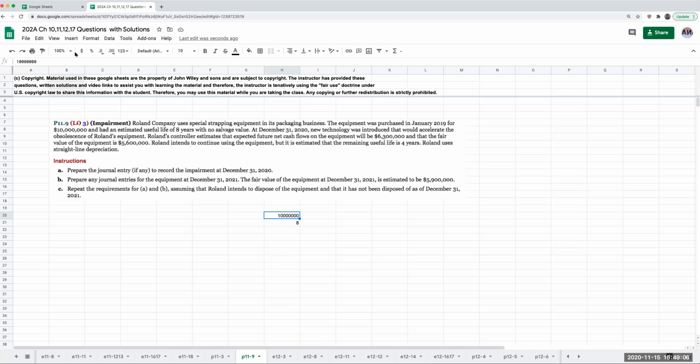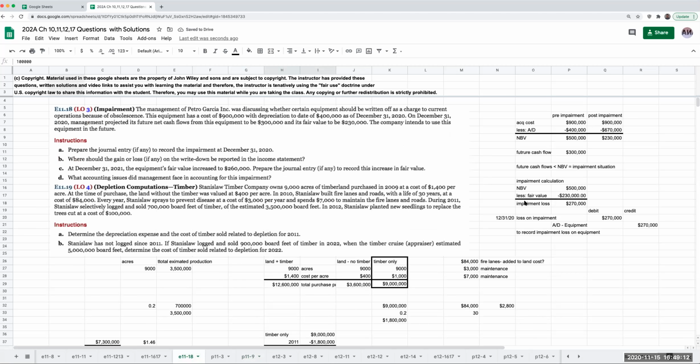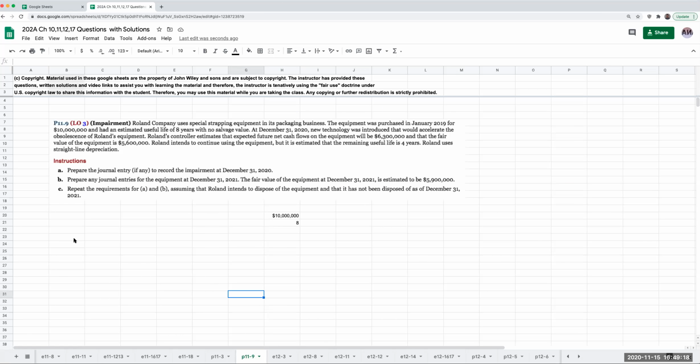So when we look at this particular question, this kind of goes back to what we were doing over here. If I come back over here to problem 11-9, we've got the future cash flows. The future cash flows for this are 6.3 million.